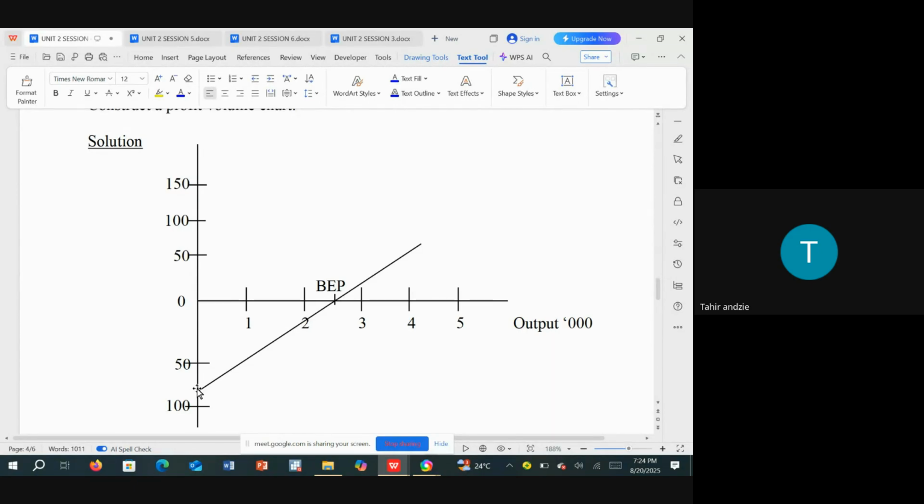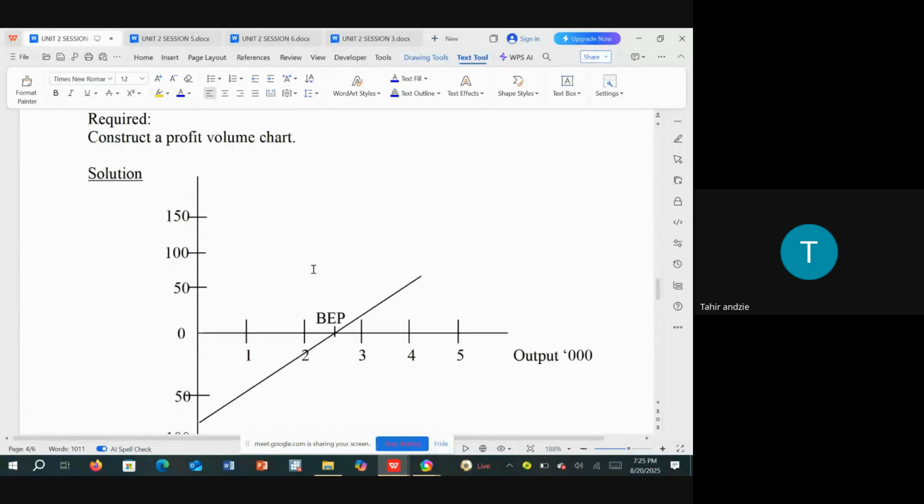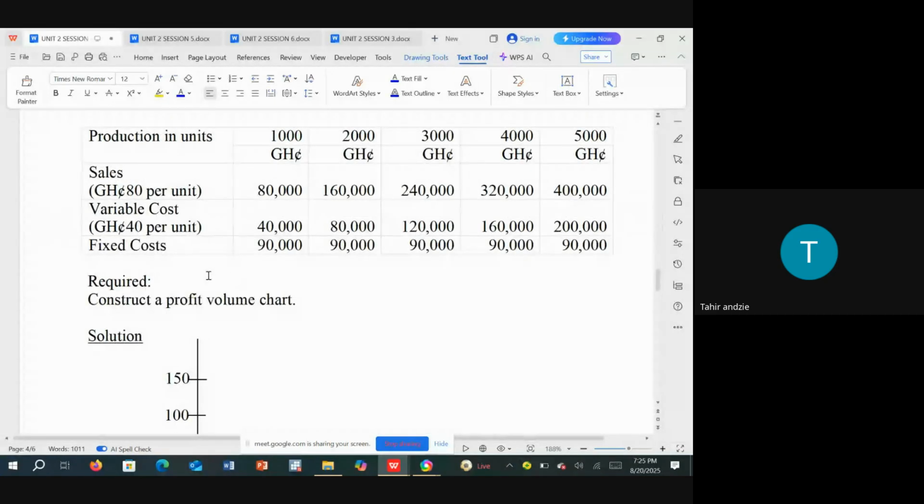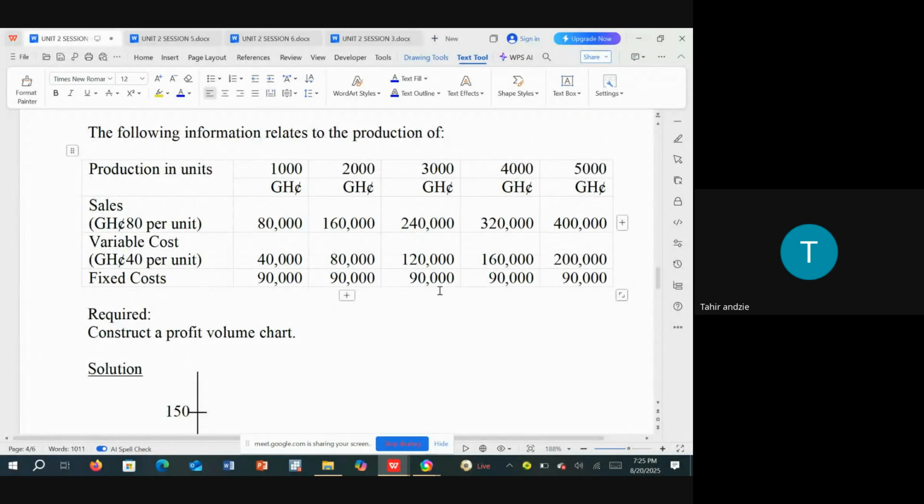Okay. And then you look at the profits. These are the sales in thousands. So you look at the total profit. At the maximum sales, let's get the total cost. That is 200 plus 90,000, which is 290,000.